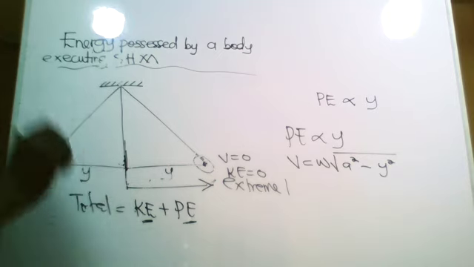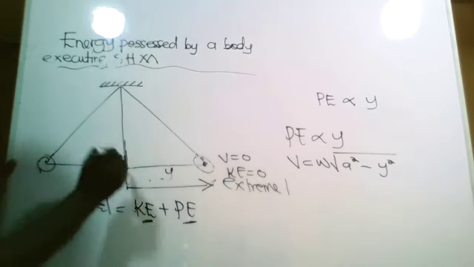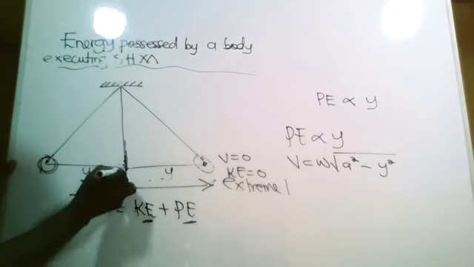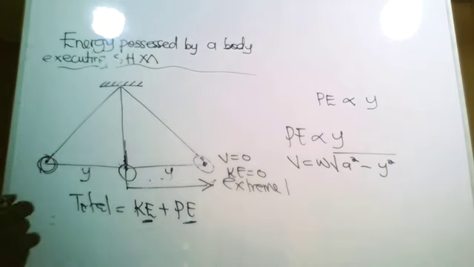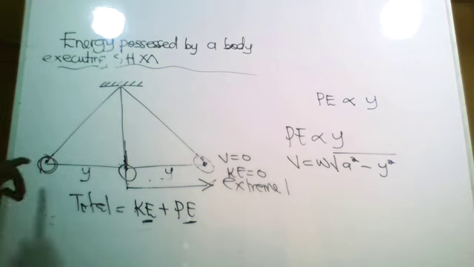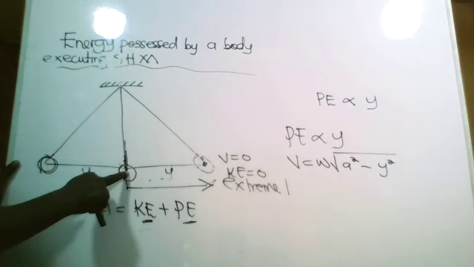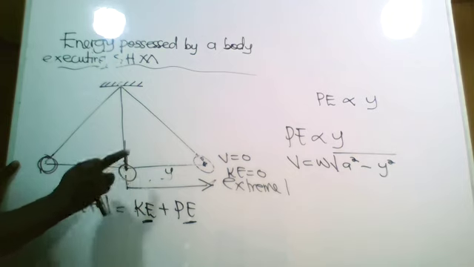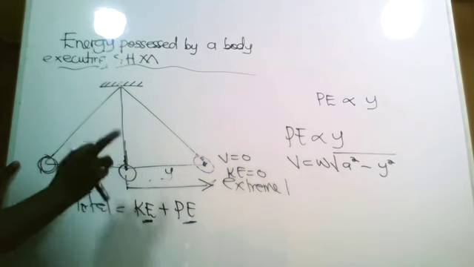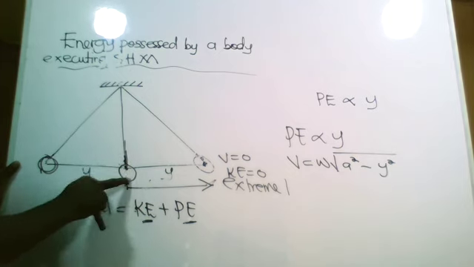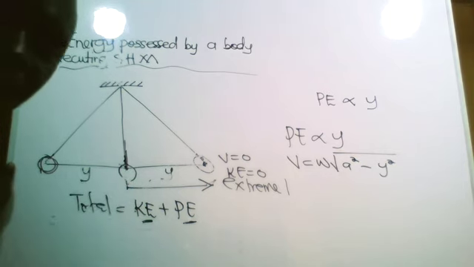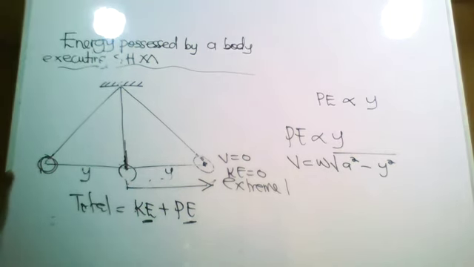When you pick any two points, energy is never lost. What is lost as KE will be a gain for PE at the extreme. When we come to this point, what is lost for potential energy is a gain to kinetic energy. And so the total energy is always conserved.